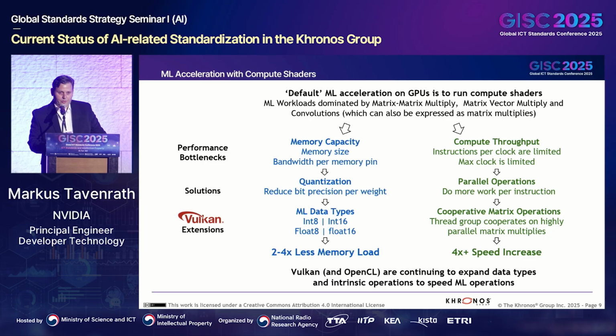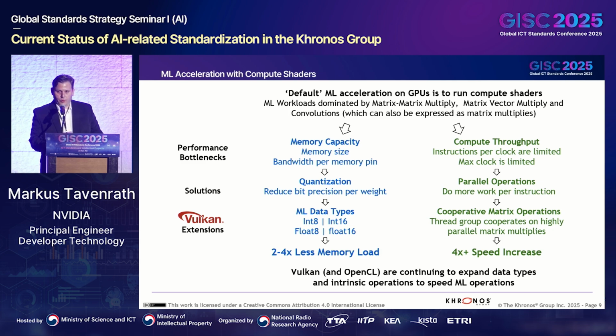This way, less data has to be pushed into the chip, and we have more math for each instruction. And, well, you can get a 4x plus speed increase. We have seen 7, 8x even on GGML by using those extensions. And this gives you a pretty good speed up with those Vulkan extensions on machine learning.